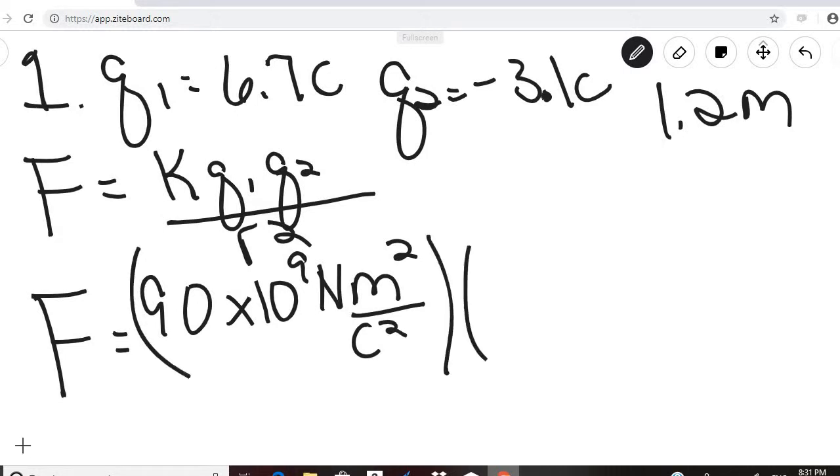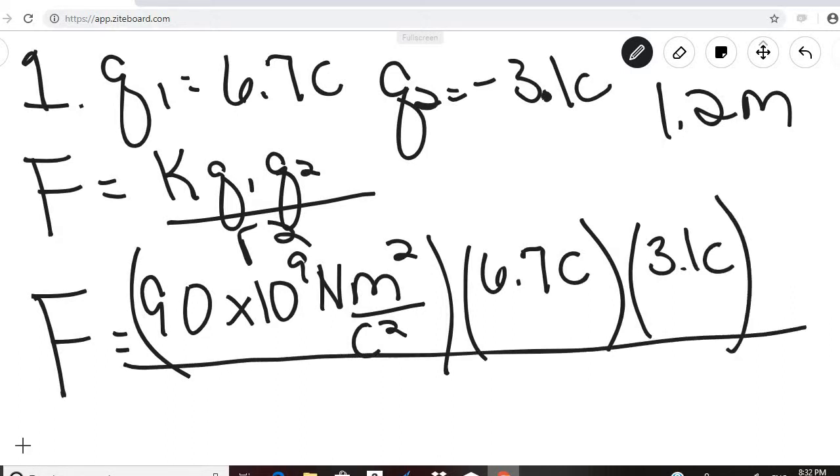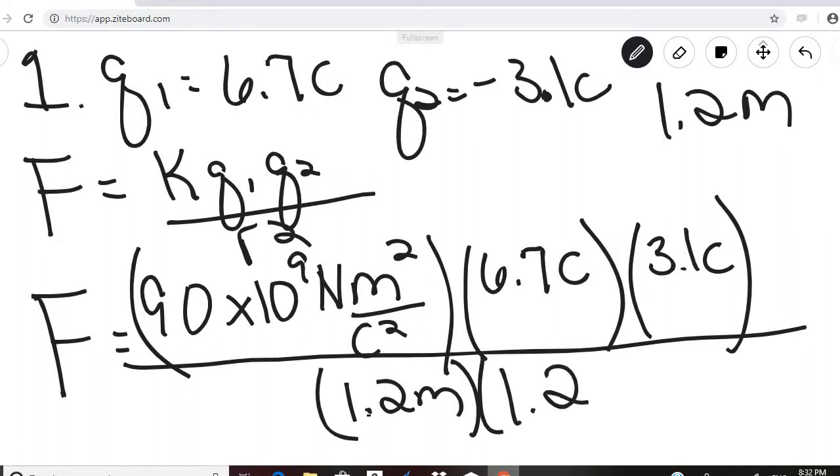And then we will multiply that times each of our charges, 6.7 coulombs and 3.1 coulombs. We don't include the sign. And then we'll divide that by r squared, so 1.2 meters and 1.2 meters. Meters are going to cancel, coulombs will cancel, we'll be left with F, with newtons.